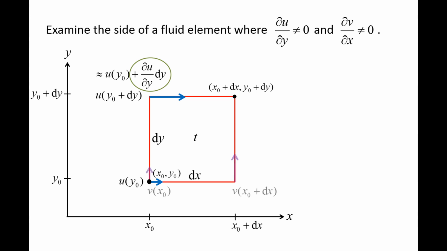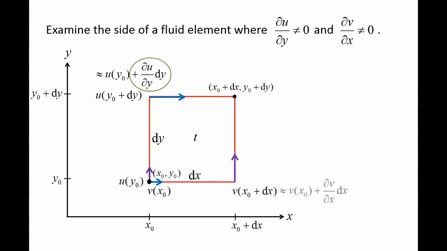The y component of the velocity, shown with purple arrows, varies in the x direction. On the left side of the fluid element, the y component of the velocity is v at x0, and on the right side of the fluid element, the y component of the velocity is v at x0 plus dx.